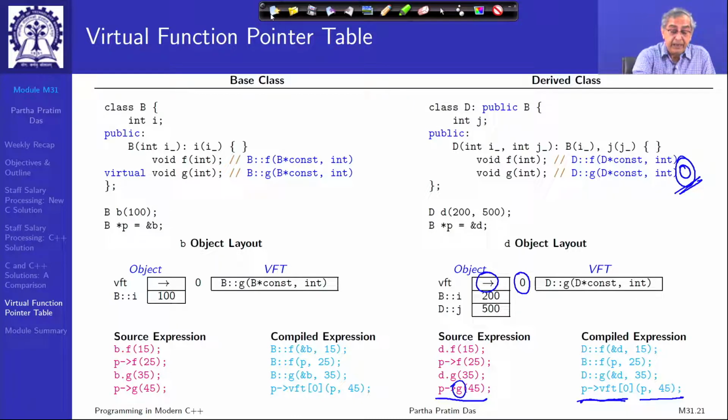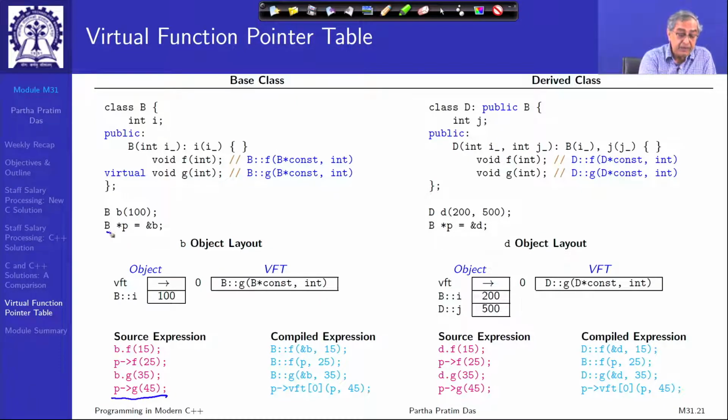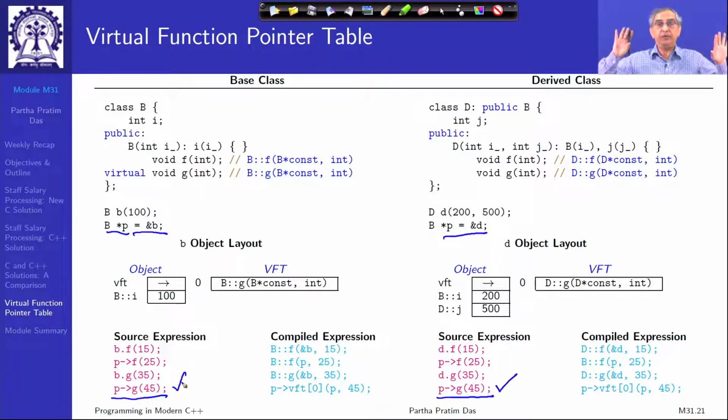So, you can see the difference: if you look at P pointer G here, in the context of P being ampersand B, and P pointer G 45 here, at compile time the calls look the same. In terms of the translated compiled expression, they are the same, because certainly the compiler does not know whether this has happened or that has happened.